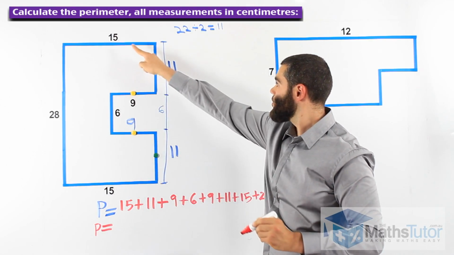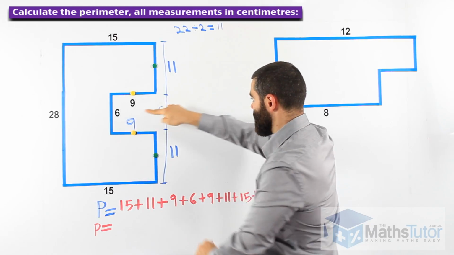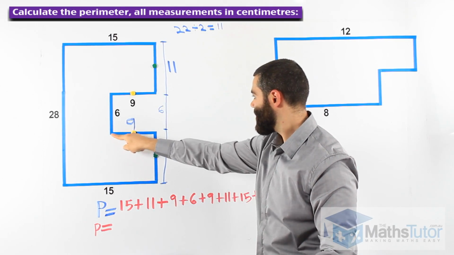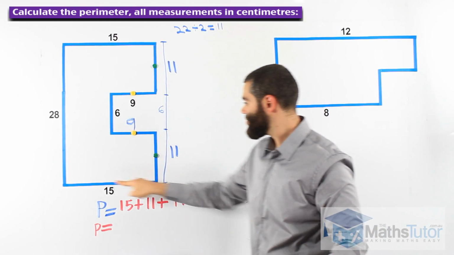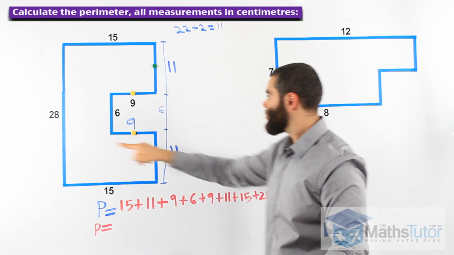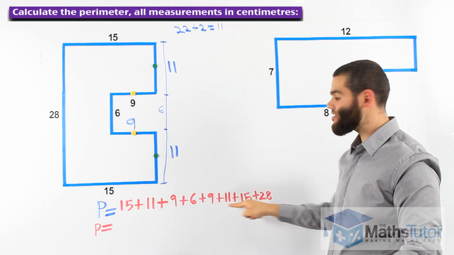So 15 plus 11, there it is, plus 9, there it is, plus 6, there it is, plus 9, there it is, plus 11, there, plus 15, there, plus 28. There it is. Now we have all the sides.